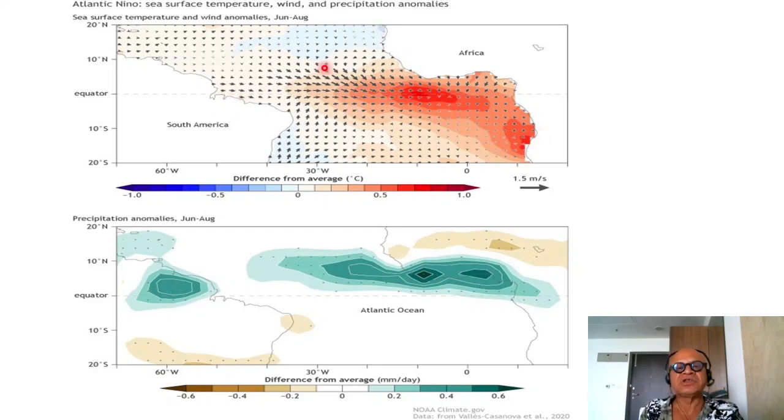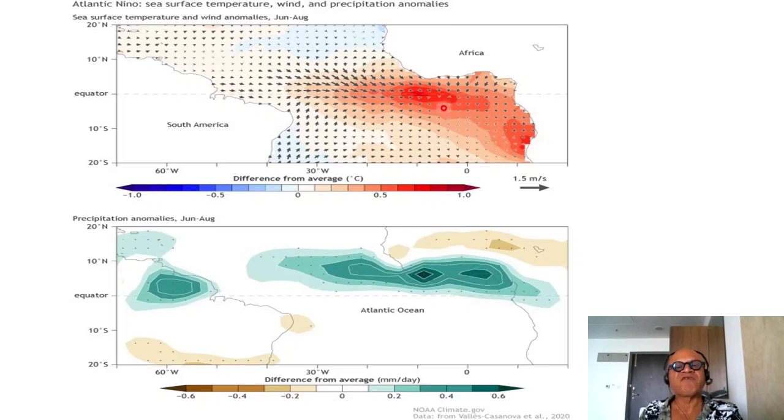The Atlantic has an additional complexity that the intertropical convergence zone, or the ITCZ, is very close to the equator, so when it goes north-south, even on a seasonal basis, it can touch the equator and set off Kelvin waves and so on.